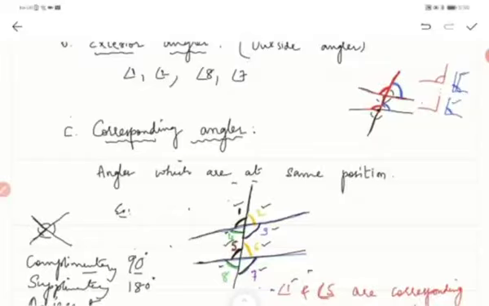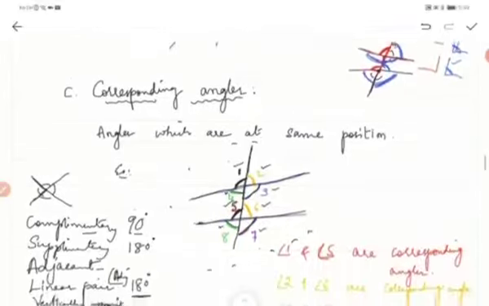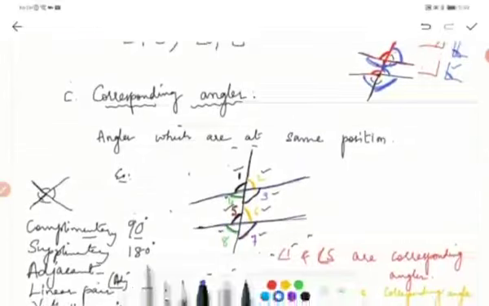These were your corresponding angles. One more pair is down here, this angle is corresponding with this angle, and one more, this angle is corresponding with this angle. So corresponding angles are what? Angles which are at the same position.